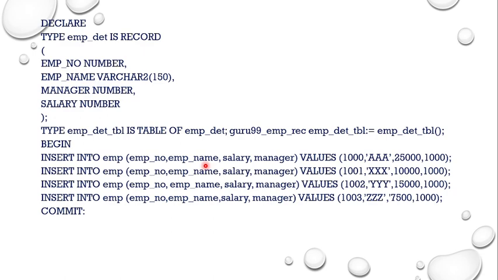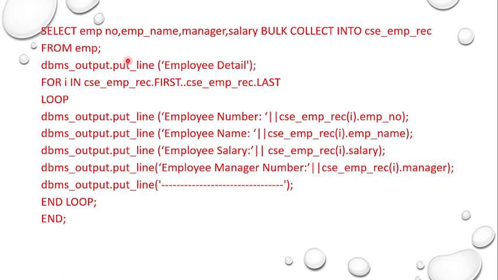This is part 1. Next part, now the select. I'm writing SELECT employee_num, employee_name, manager, salary BULK COLLECT INTO the collection, followed by the employee detail table. Once you give this, once the program is executed, it will display the employee detail: number, employee name, salary and manager number.